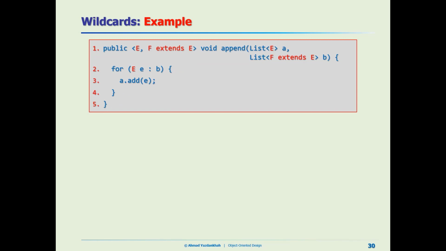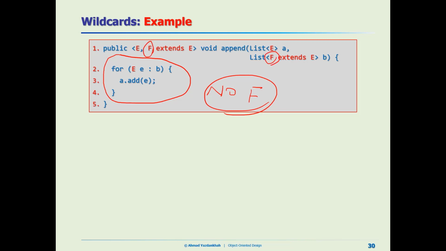But if you look at the method's body, you see no references to f. So no f inside the method. What does it mean? It means that f is not being used anymore. In other words, these f's are useless right now.